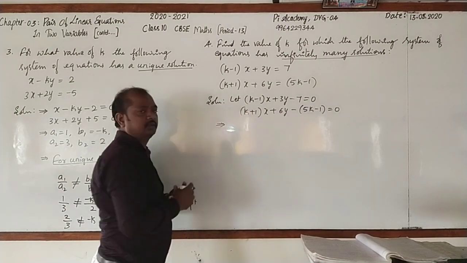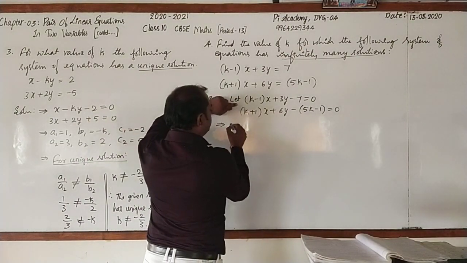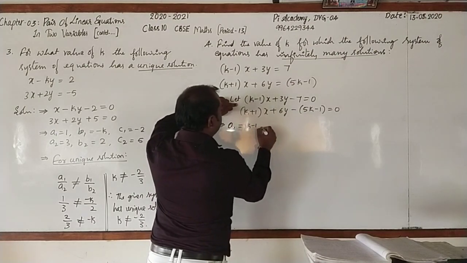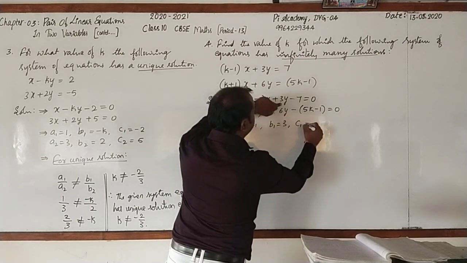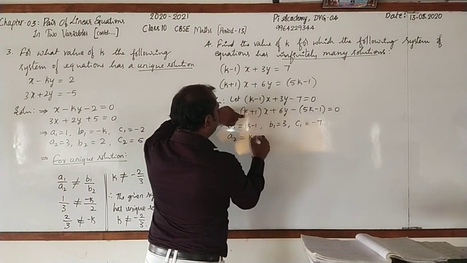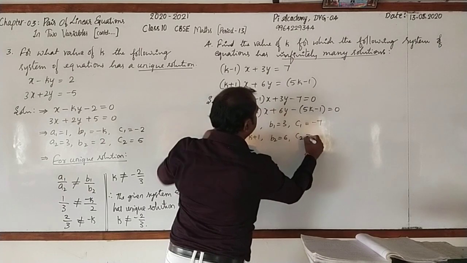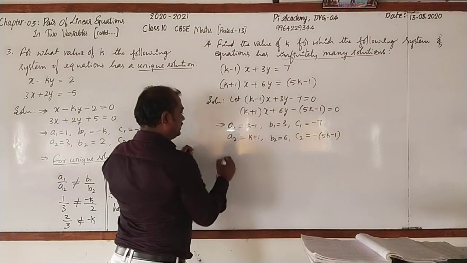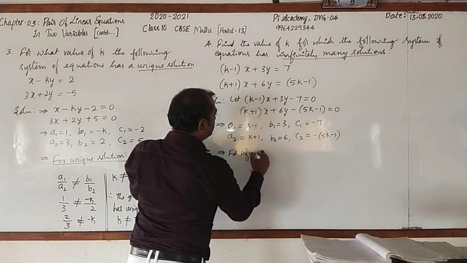Now we can write the values of a1, a2, b1, b2 and c1 and c2. Write with me. a1 is k minus 1. b1 is 3. c1 is minus 7. a2 is k plus 1. b2 is 6. c2 is minus of 5k minus 1. Next, for infinitely many solutions.